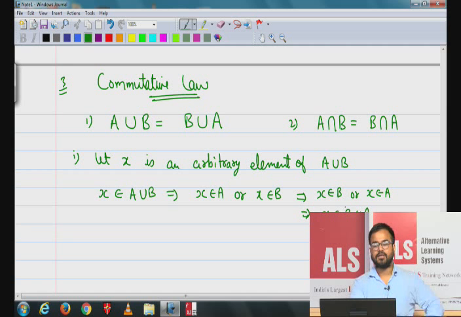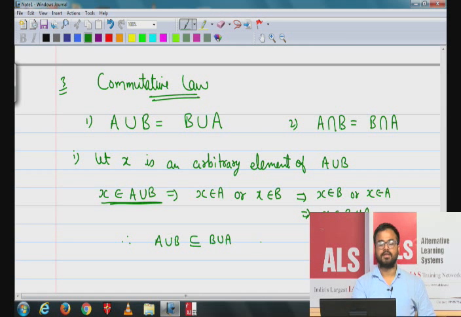And then from this one, X belongs to B or X belongs to A, we can write X belongs to B union A. So we have started from A union B and we have reached B union A. Therefore we can say A union B is a subset of B union A. This is the first equation you can take.